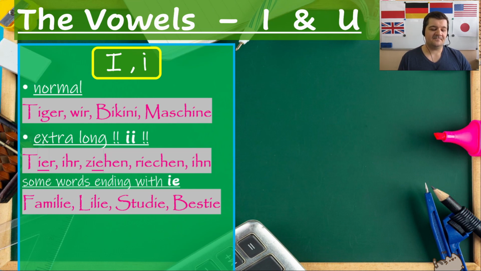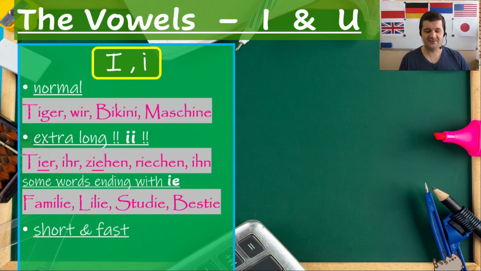And those words are, for example, die Familie, die Lilie, die Studie, die Bestie. So you don't make a long E, you pronounce it separated.